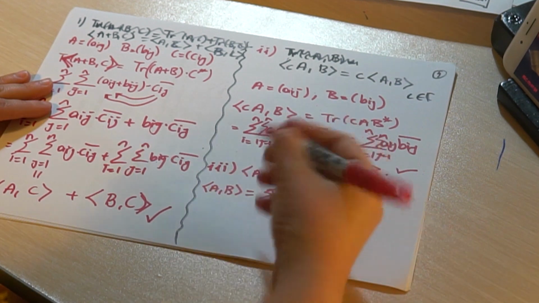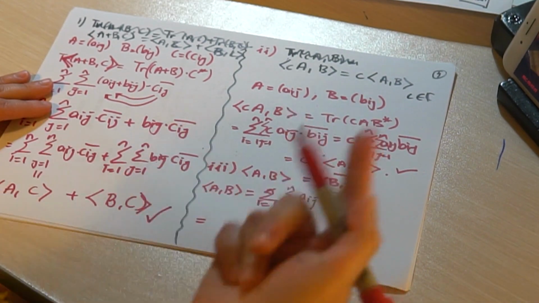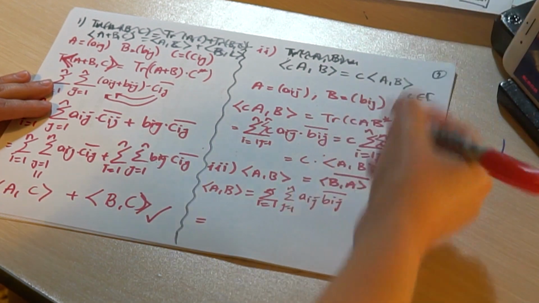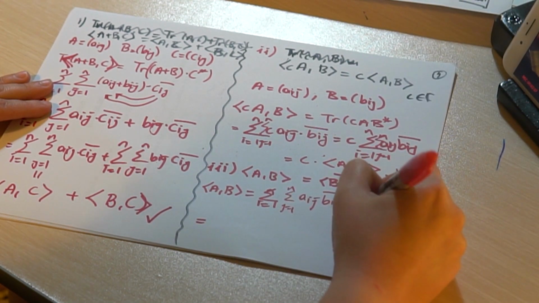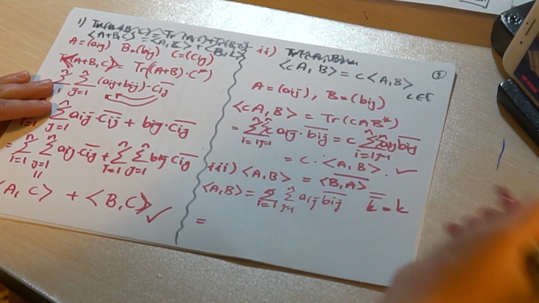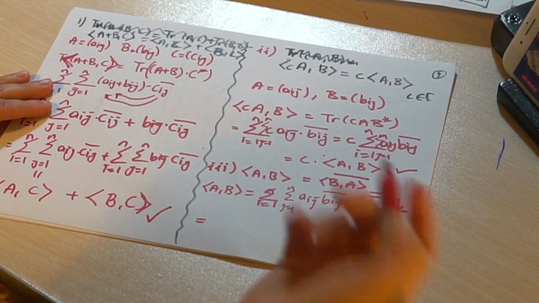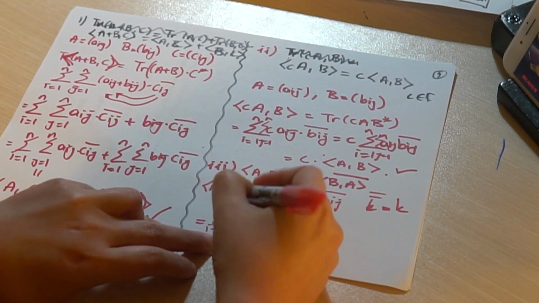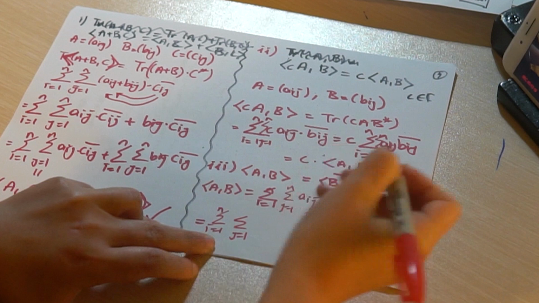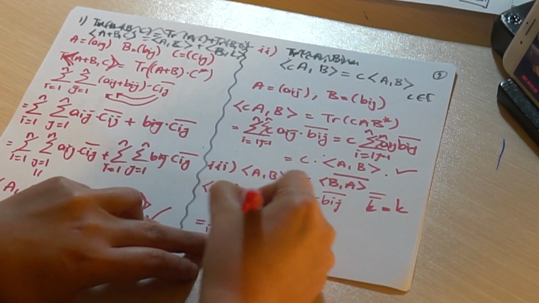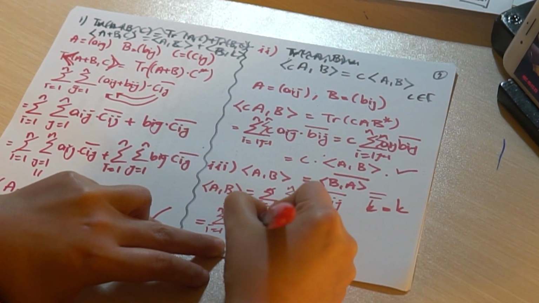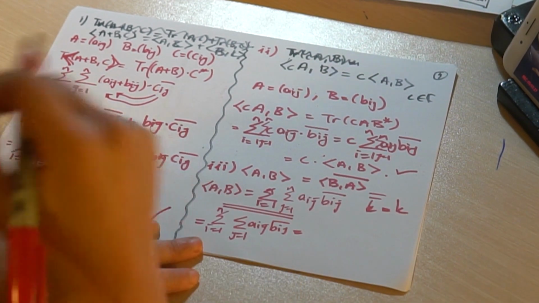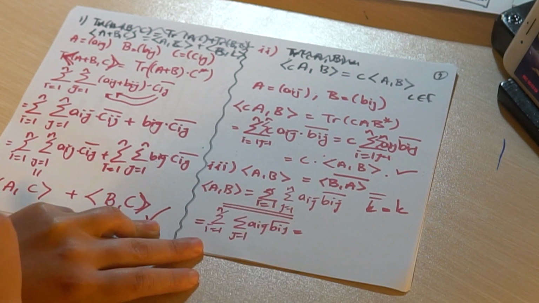So we can take the conjugate of this number twice, and it will give us the same thing, right? Let's say k conjugate conjugate will be equal to k for every complex number. So if I take the conjugate of Aij times Bij conjugate, we can distribute this conjugate inside.